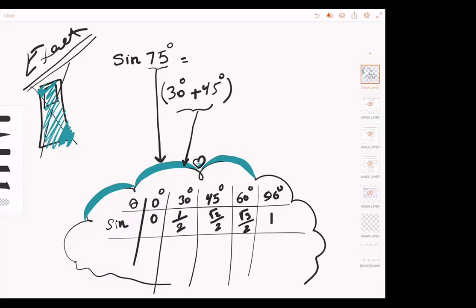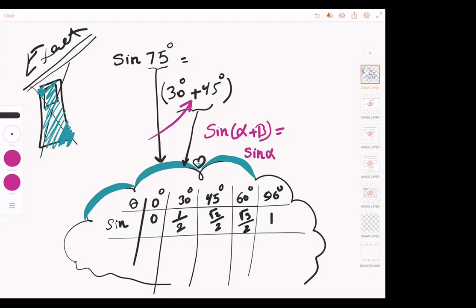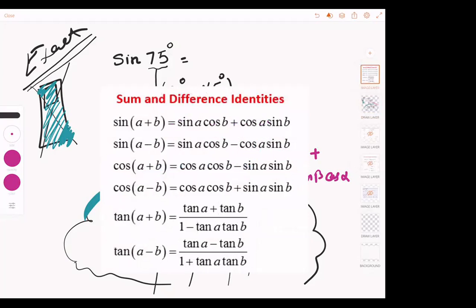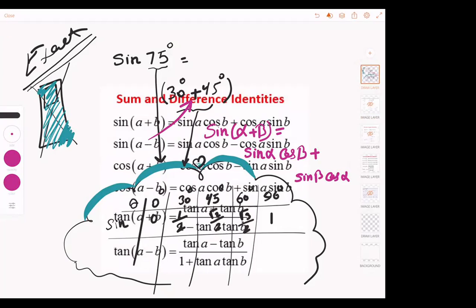We see a summation here, and in the note sheet we have sine of alpha plus beta. This equals sine alpha cosine beta plus sine beta cosine alpha. So that's the formula. This is the sum and difference formula.